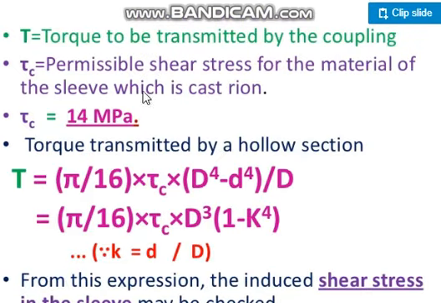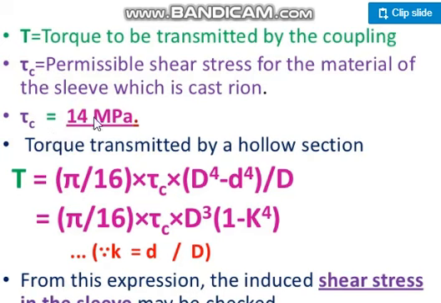Suppose T is the torque being transmitted. Then tau is the permissible shear stress for the material. Suffix C may be for coupling, because tau S will be for the shaft and C for the coupling. So it is the permissible shear stress for the material of the sleeve, which is cast iron.